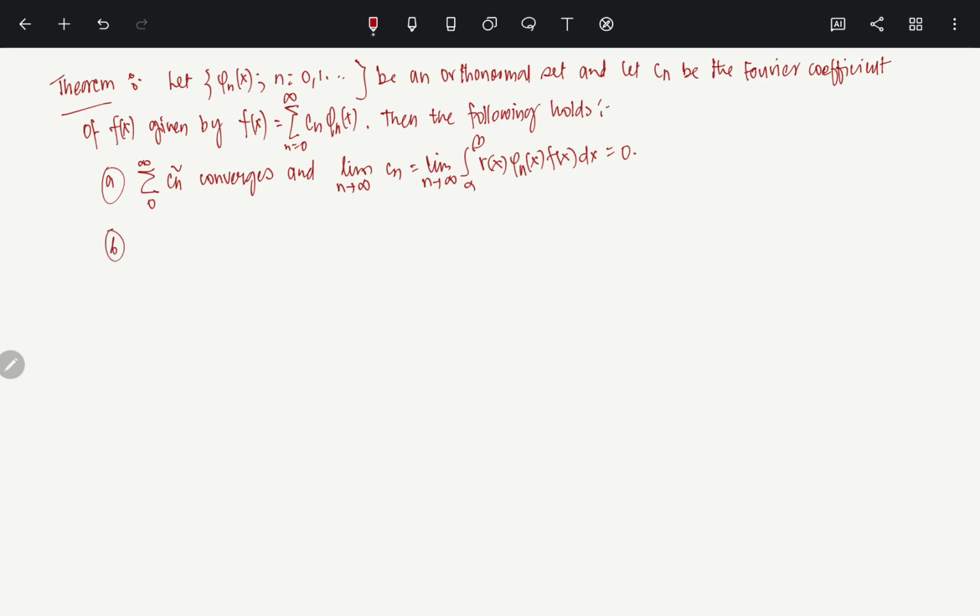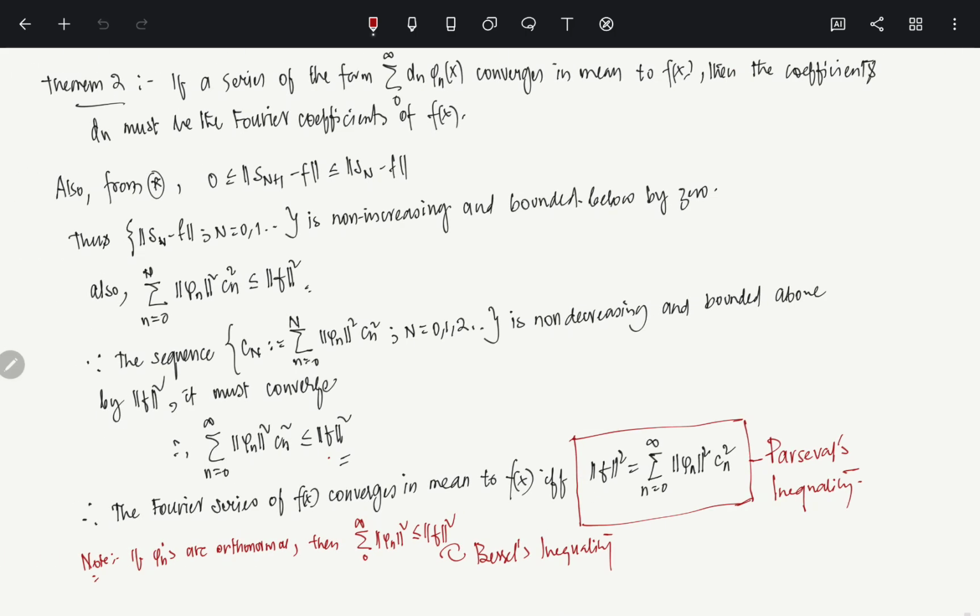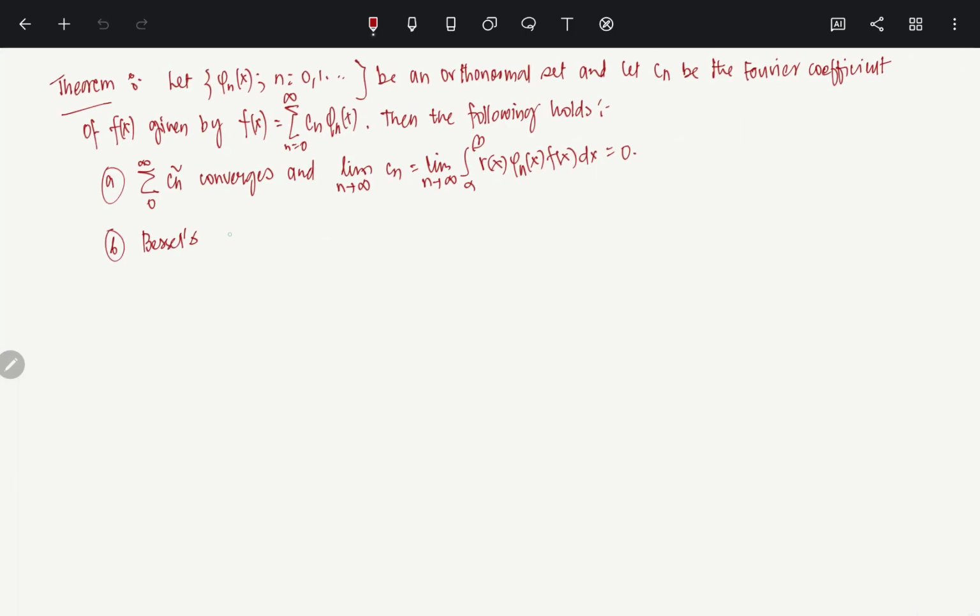Now B, the second thing: Bessel's inequality holds. Bessel's inequality, what we wrote on the last page, this inequality holds.